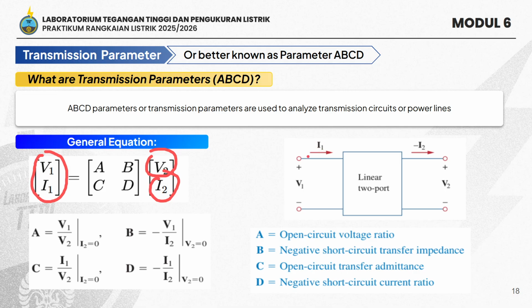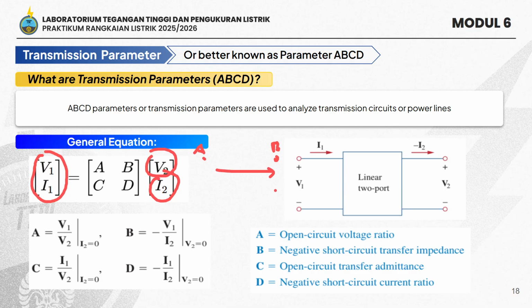Because we want to make sure that the current moving from the input to the output port is in the same direction. As transmission circuits work, if we want to transfer current from point A to point B, for example, then the direction of each current, either at the input or the output port, must be the same.